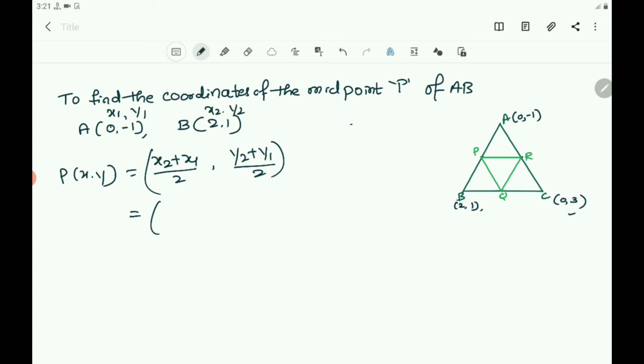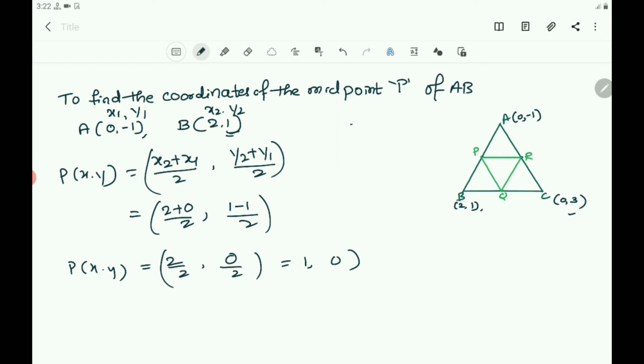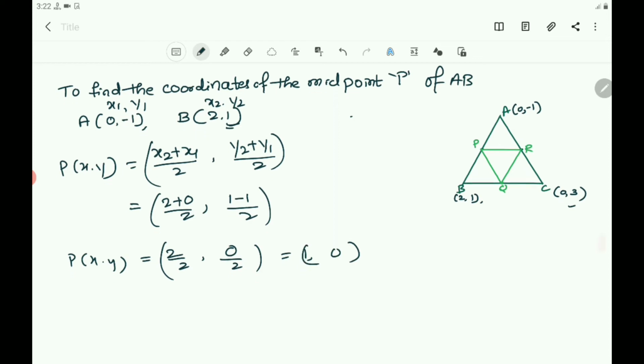Then x2 plus x1 is, x2 is 2 plus 0 by 2, y2 is 1, 1 plus minus 1, that is 1 minus 1 by 2. So P of xy equals 2 by 2, 0 by 2, 1 minus 1 is 0, that equals 1, 0. So P of xy equals 1, 0.